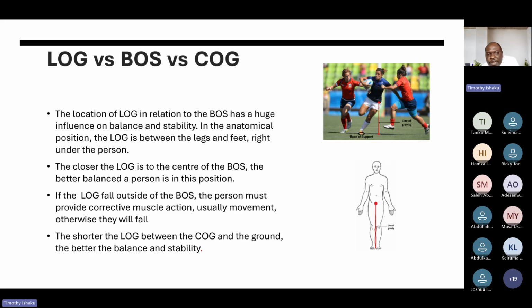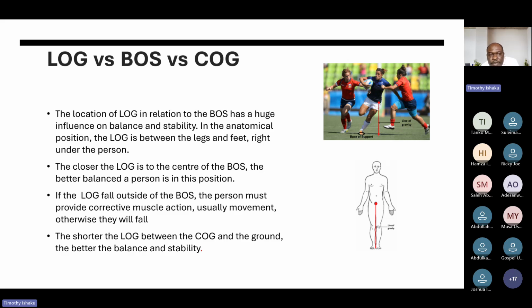Now, the location of the line of gravity in relation to the base of support. The line of gravity is the red line. The location of the red line in relation to how we are supported, the point at which we are in contact with the floor, has huge influence on how we are balanced and stable. In anatomical position, the line of gravity is between the legs and feet and right under the person.